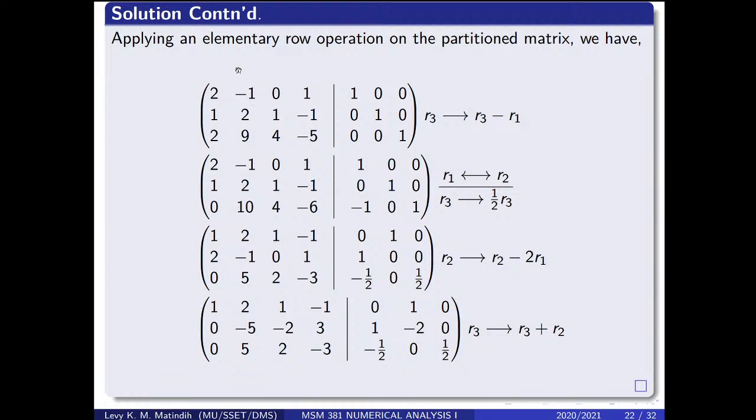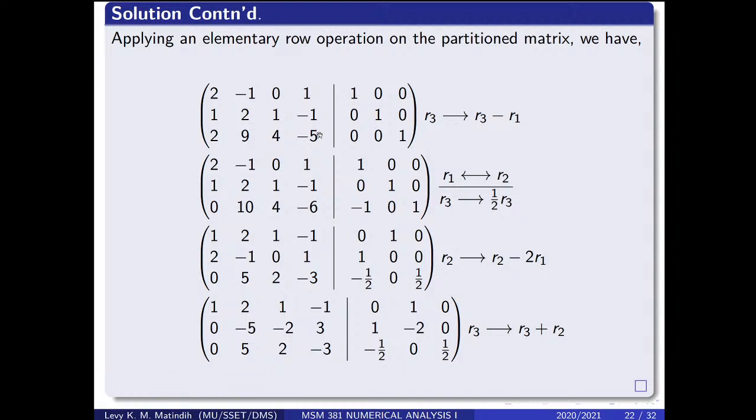Now, applying elementary row operations on the partitioned matrix, what you're going to get is this. What we need to do here to get the matrix P is to transform matrix A on the left hand side of this partition to its reduced row echelon form.